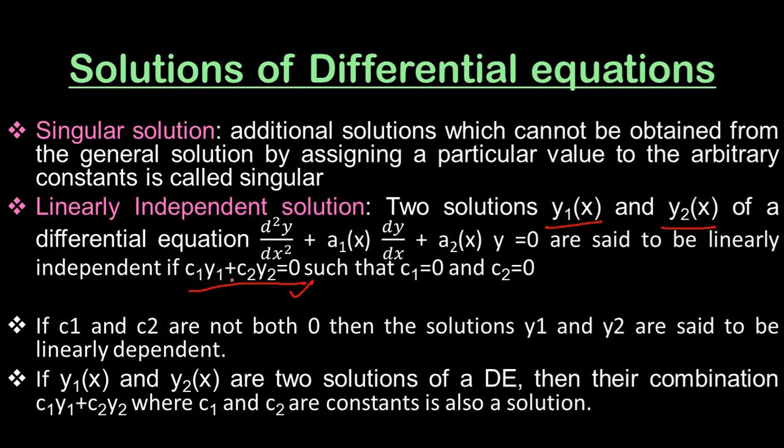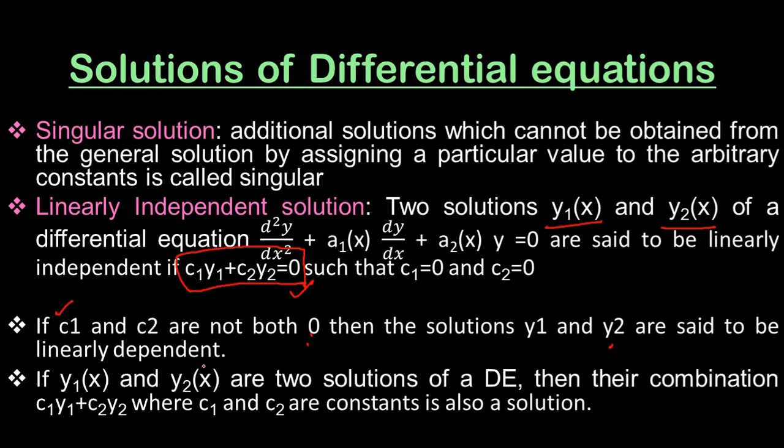So this just means that they can't be non-zero. If C1 and C2 are not both 0, then y1 and y2 are called linearly dependent solutions. So if this equation, C1y1 plus C2y2 equals 0, is met with C1 and C2 not being 0, then they are linearly dependent.